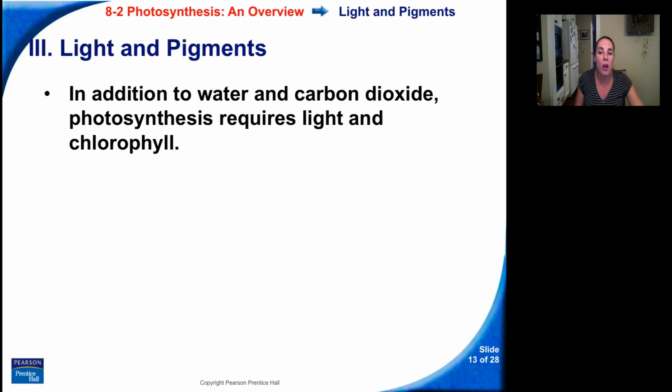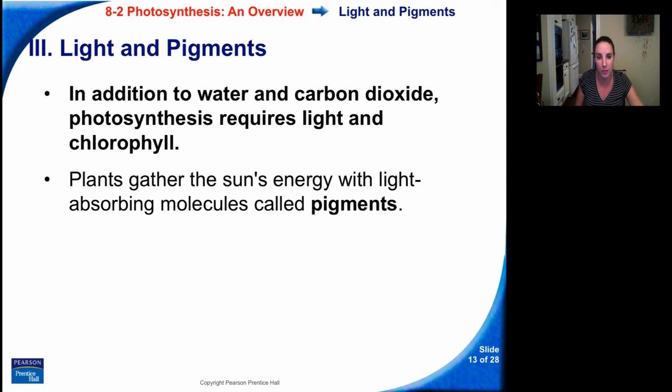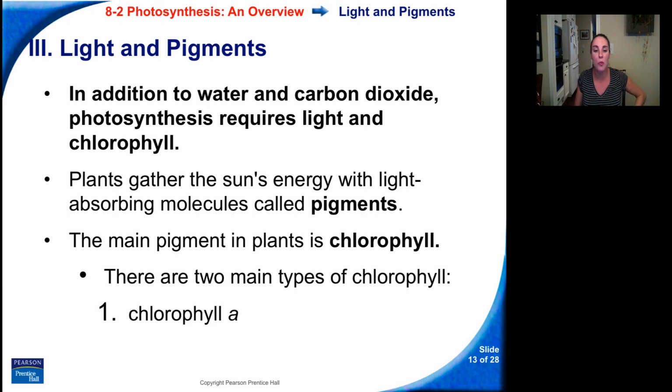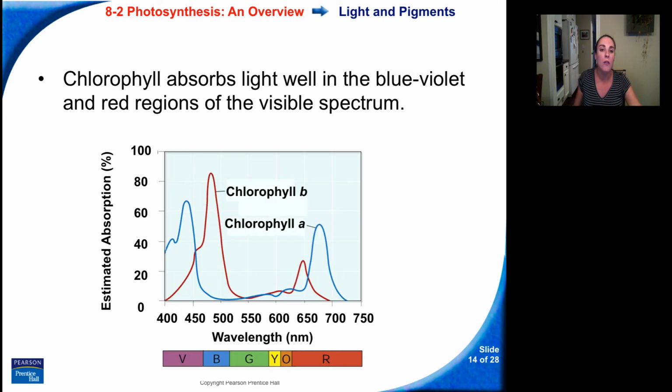So in addition to water and carbon dioxide, photosynthesis also requires light and chlorophyll. Plants gather the sun's energy with light-absorbing molecules called pigments. Chlorophyll is a pigment. Okay, the main pigment in plants is chlorophyll. There are two main types, A and B. Chlorophyll absorbs light in the blue, violet, and red regions of the visible spectrum.